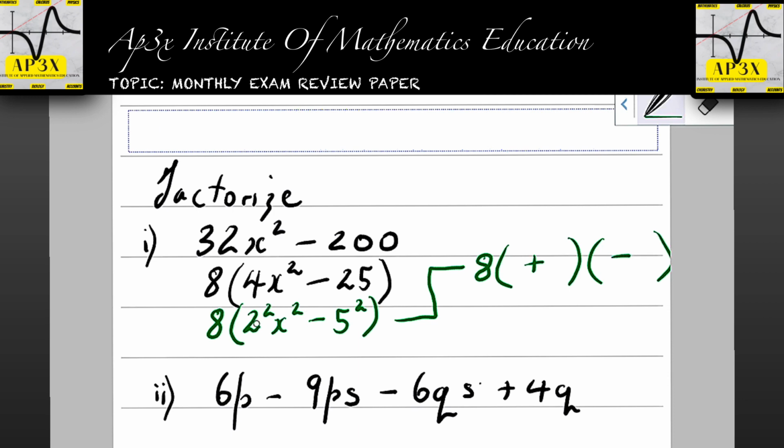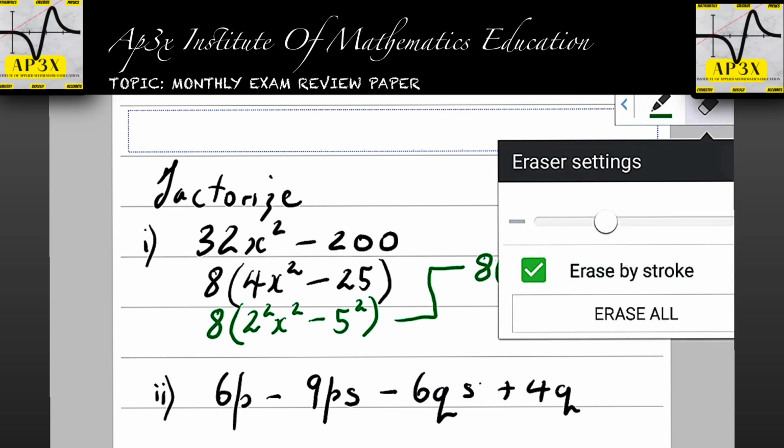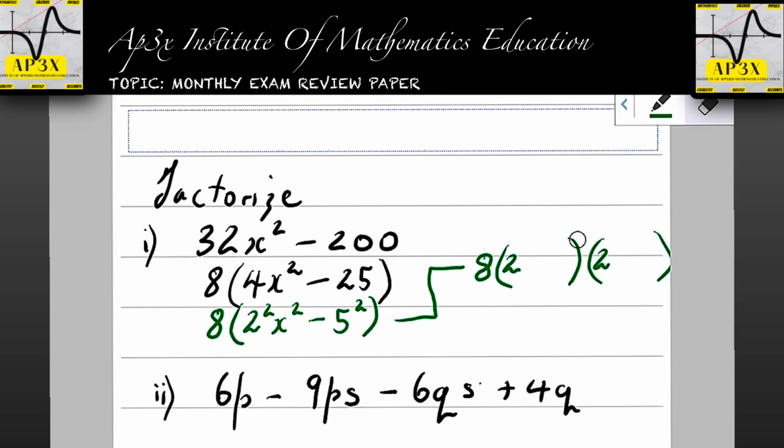So 2 squared means 2 is going to be on here, and 2 on here, on that side and on that side. And then we're also going to have x, because we have x squared, so x is on here and x is on here. We have plus in one bracket and minus in the other bracket, and then we have 5 squared, so 5 here.